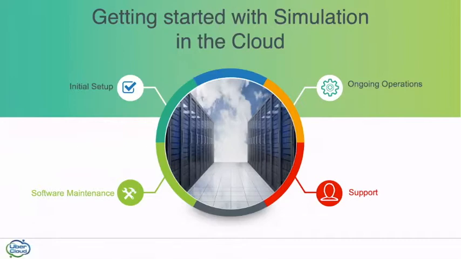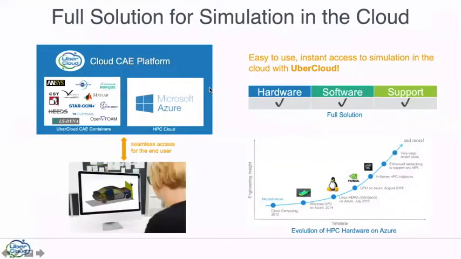So when picking a cloud simulation partner, it is important to make sure they cover all these steps. Some providers will give you cloud access, but will leave the rest in your hands. At UberCloud, we provide engineers with a full solution for simulation in the cloud, including hardware, software, and support.